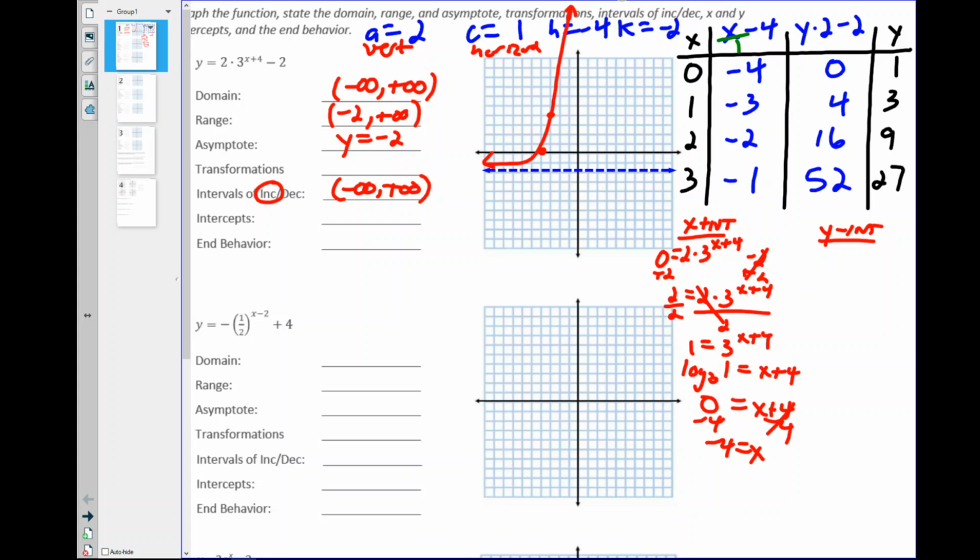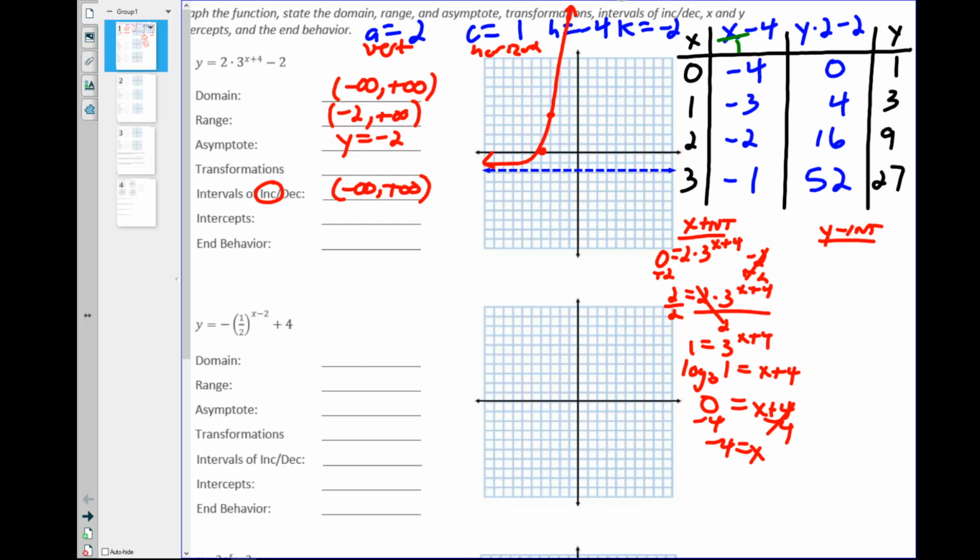It's getting stretchy. But now if C were greater than 1, it's still doing this, but how would I describe this horizontally? Because it's getting skinnier, it's a horizontal compression if C was greater than 1. If A was between 0 and 1, the negatives have nothing to do with it. Negative has to do with it if it's a reflection. So if A is a fraction, it's squishing, right? How would I describe that vertically?